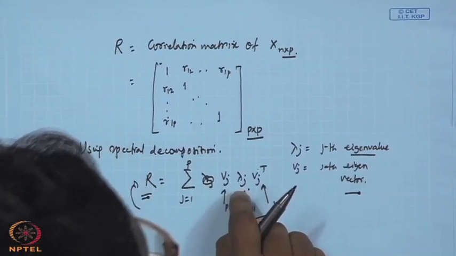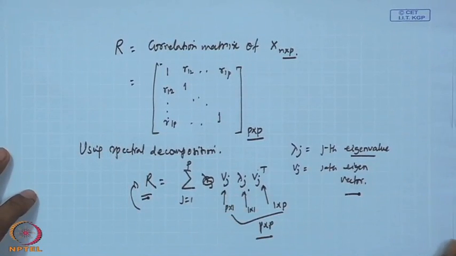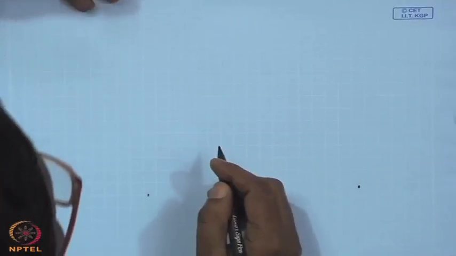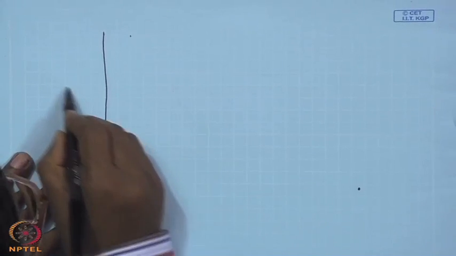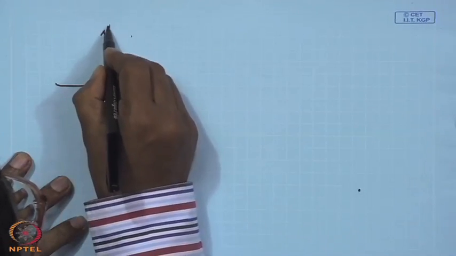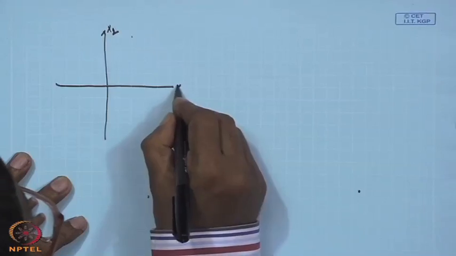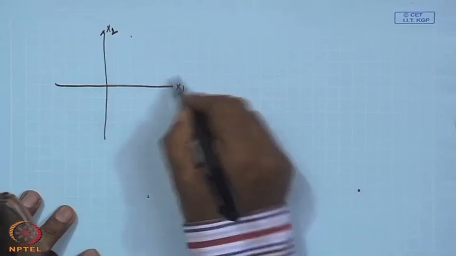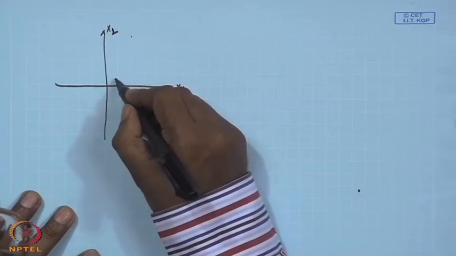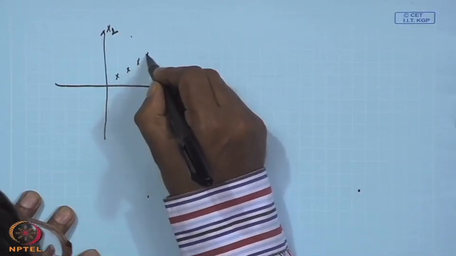Now, what is the meaning of this eigenvalue when you do the spectral decomposition? Consider a two variable case, suppose x1 and x2. If they are dependent, you may get a structure like this.